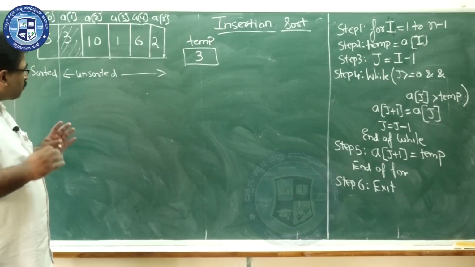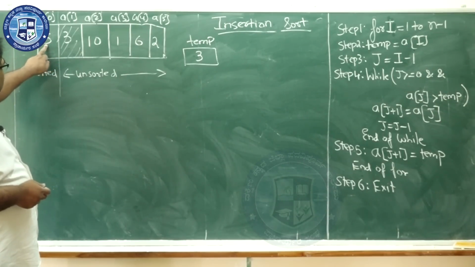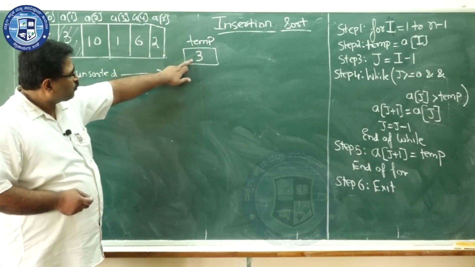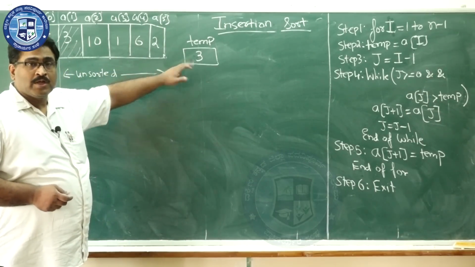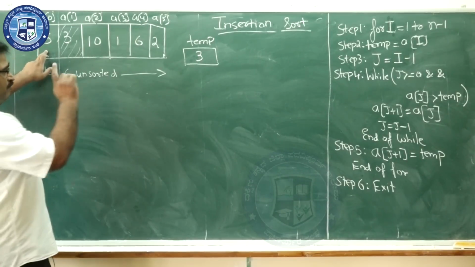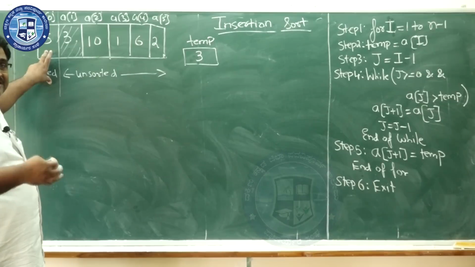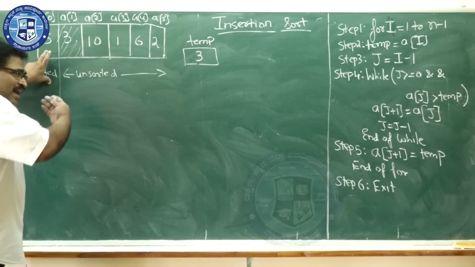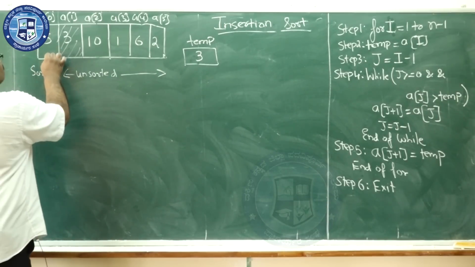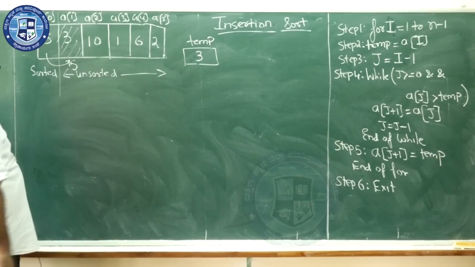Now next, I compare this element 5 with 3. When I compare 5 with this value 3, I find that 5 is actually greater than 3. So I shift this value to the next position. So here it will be 5.